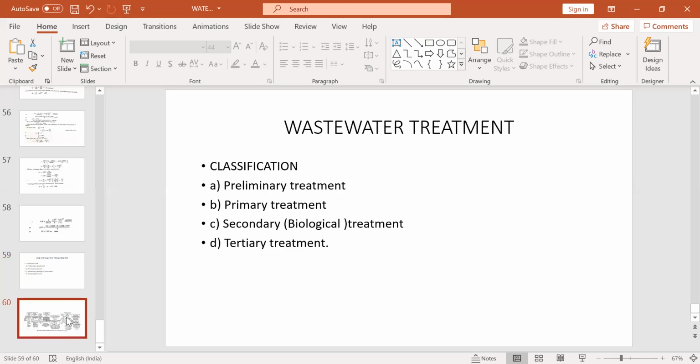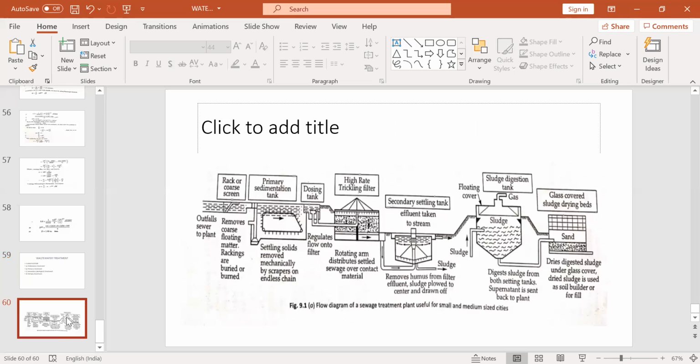If we see this, this is a kind of flow chart. Okay, so this flow chart describes your entire sewage treatment process. Okay, so here initially it is the outfall sewer to plant. So here the sewer will end, all the sewer pipes will end, and from here the treatment plant will start. So first it will encounter a rack or a coarse screen.